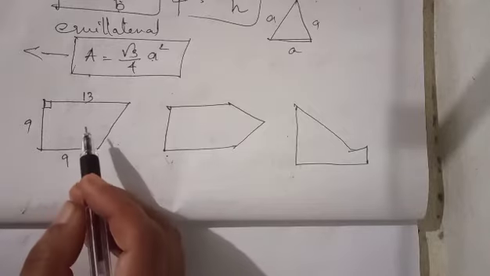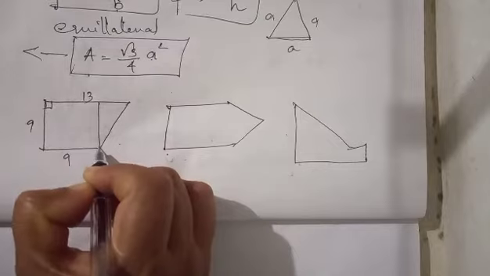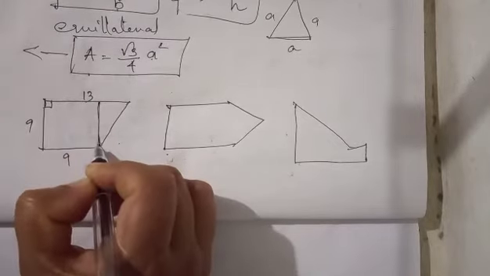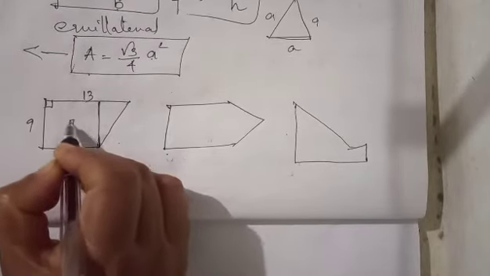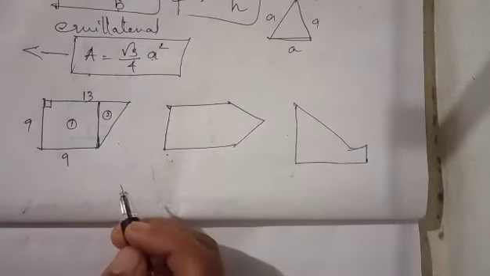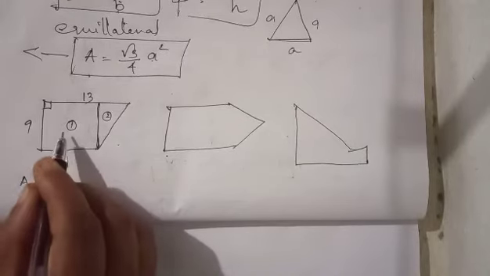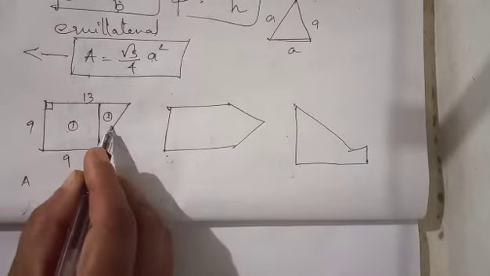So we can cut this figure into two pieces. First piece, it is a square. Second piece, it is a triangle. So the area of the full figure is the area of the square plus the area of the triangle.